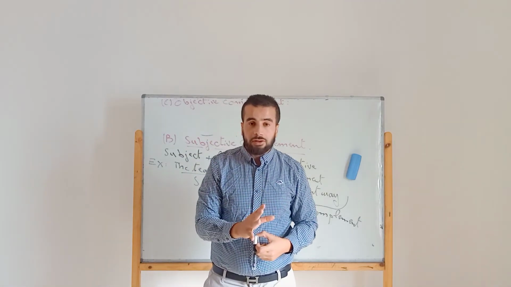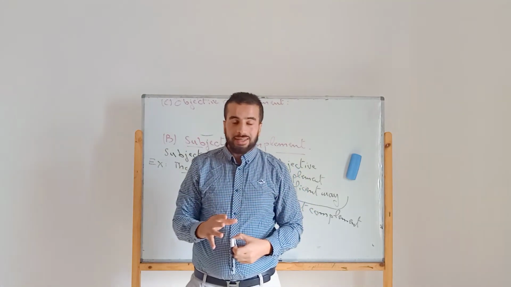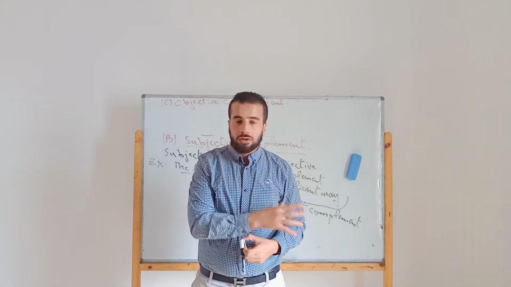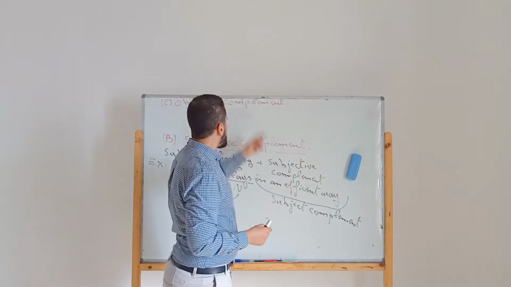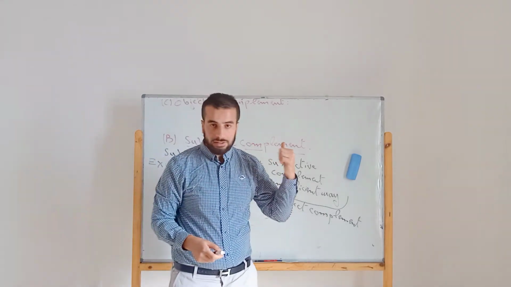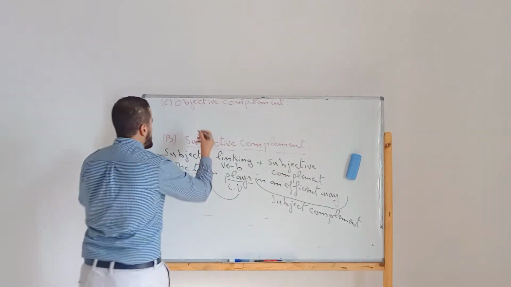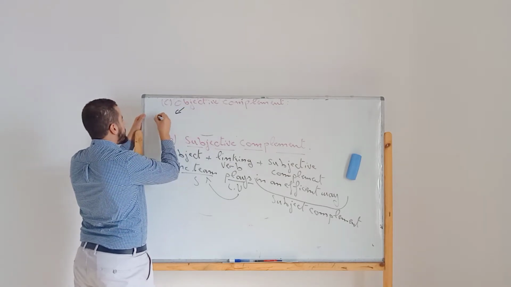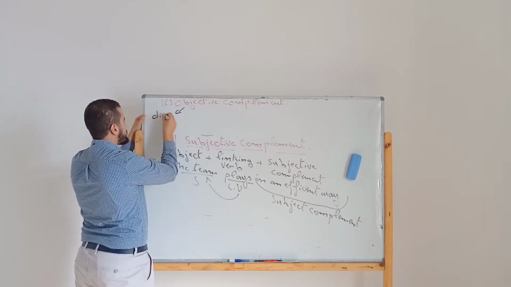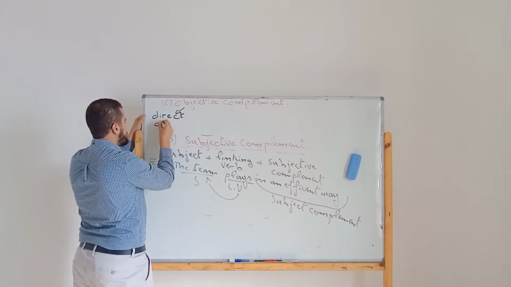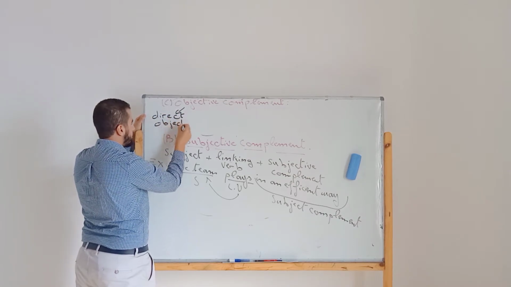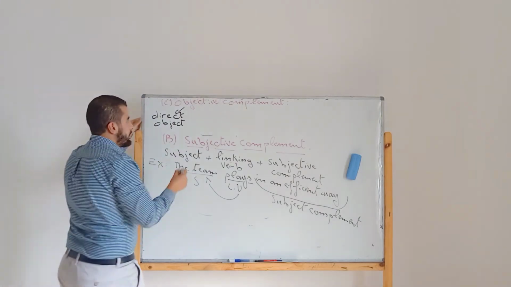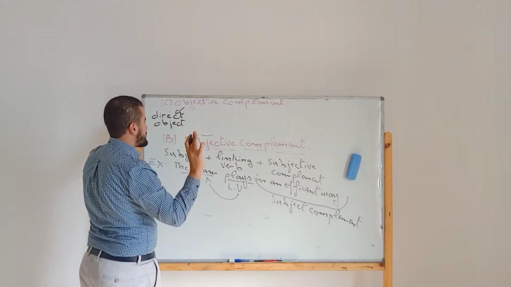The only thing that we should write down is the direct object. You need just the direct object in order to make objective complements. In a direct object, for example, we're going to complete the object simply.